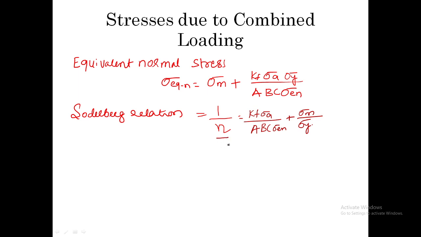Let us take this n as the FOS, the factor of safety.